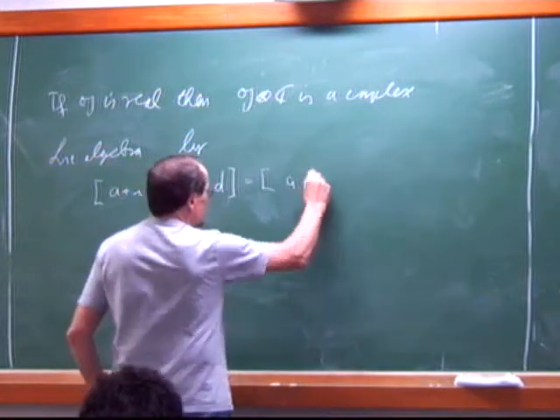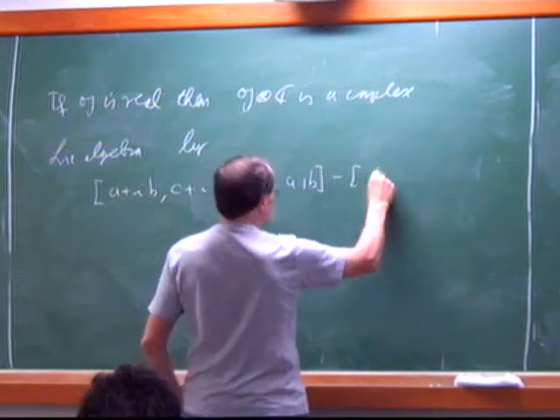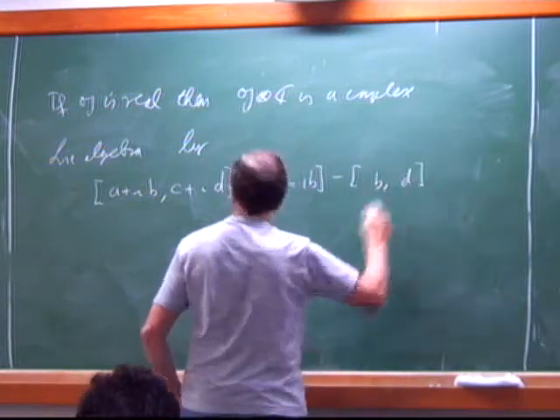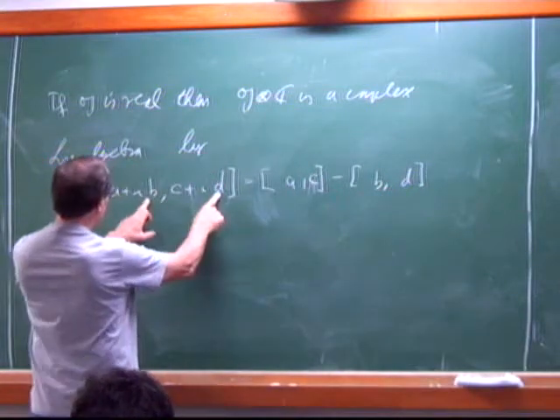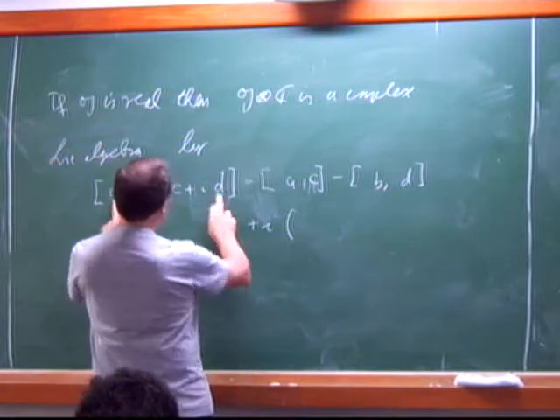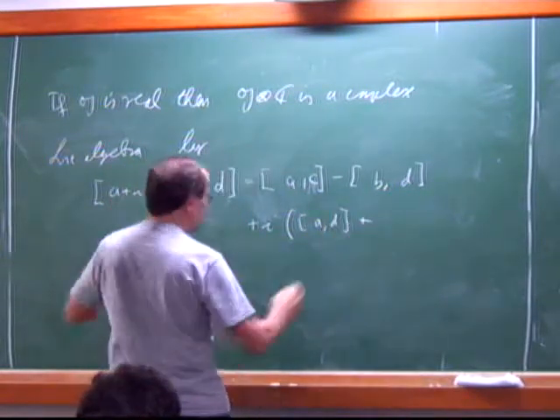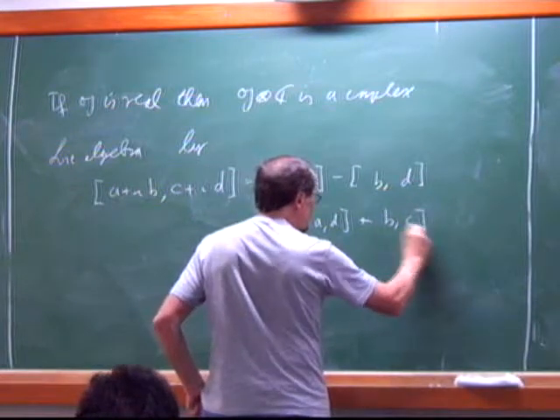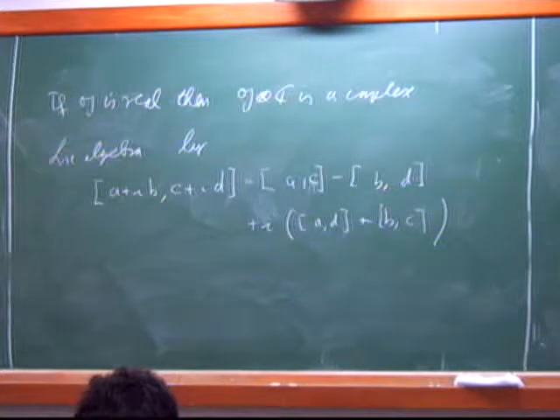So the bracket of A plus iB and C plus iD is AC minus BD, the real ones minus the complex ones, plus i times the rest, AD plus BC. Okay.